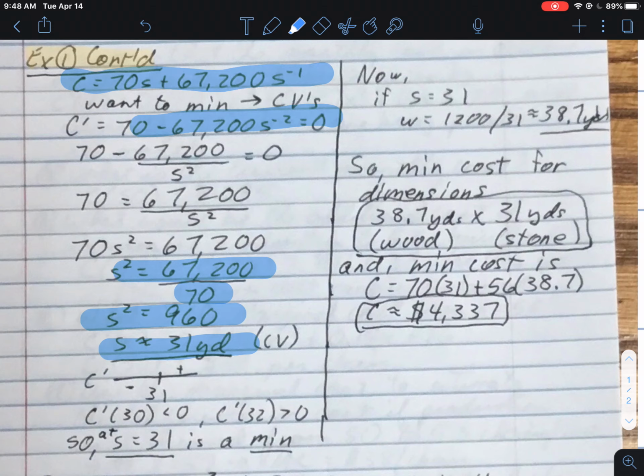You know, we use that little test strip and said, okay, I have a CV at 31, so I'm just going to plug in values to the left and to the right of 31 into C prime to check the value of C prime to see if it's positive or negative. And if you plug in 30 into C prime, you will get a negative value. You plug in 32 into C prime, you do get a positive value.